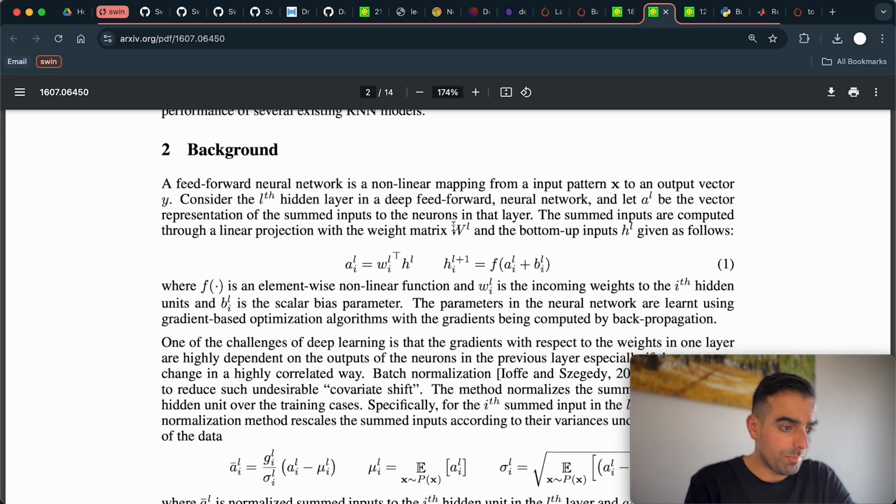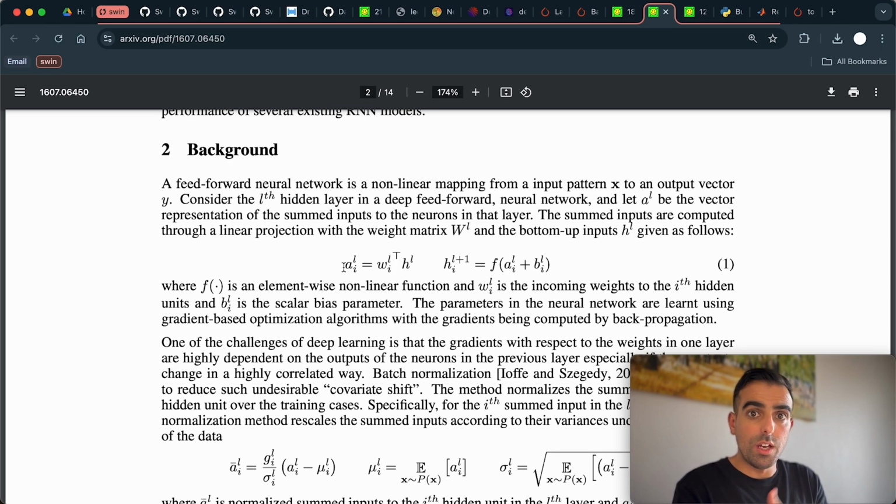So here, the input pattern is x, and the output vector is y, l is the hidden layer, and a^l is the vector representation of the summed inputs to the neurons at that layer. So a^l is the result of multiplying by the weights. The summed inputs are computed through a linear projection with the weight matrix W^l and the bottom-up inputs h^l, given as follows.